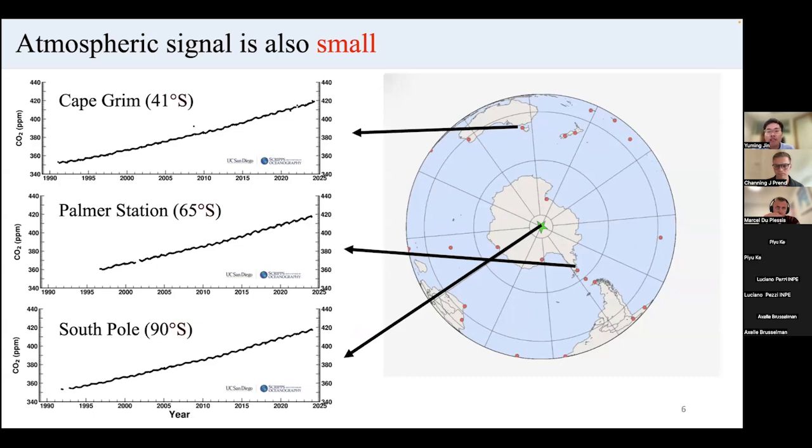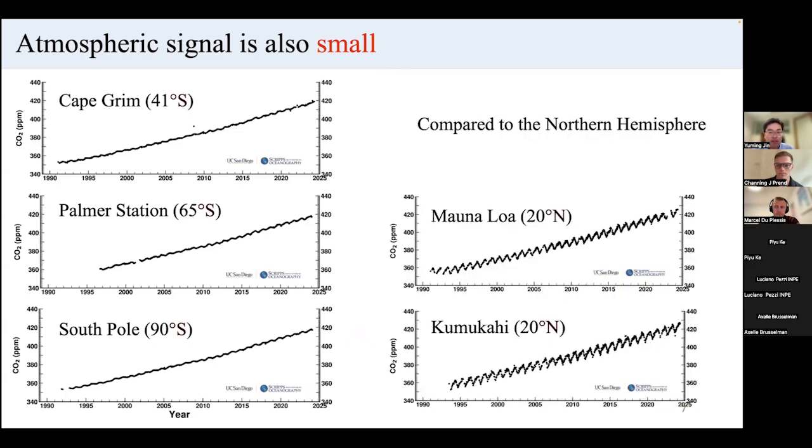To relate this observed seasonal cycle to seasonal flux is complicated because the atmospheric observation actually mixes the ocean information with other signals. If you also look at another two stations in the low latitude northern hemisphere, you can see a way larger seasonal cycle. And this cycle is not driven by the seasonal ocean flux, but is almost entirely driven by the land ecosystem photosynthesis and respiration.